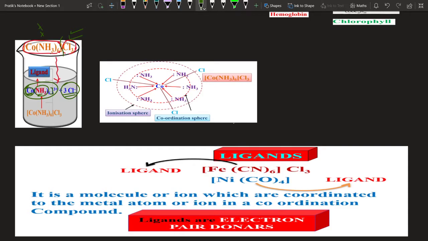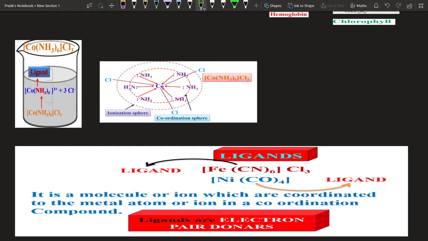So a coordination compound always consists of this coordination sphere, which remains stable even in the solid state as well as in the aqueous state. The components of the coordination sphere are intact with each other through coordinate bonds, non-ionic bonds, and that's why they do not produce ions and they do not give their confirmative test.